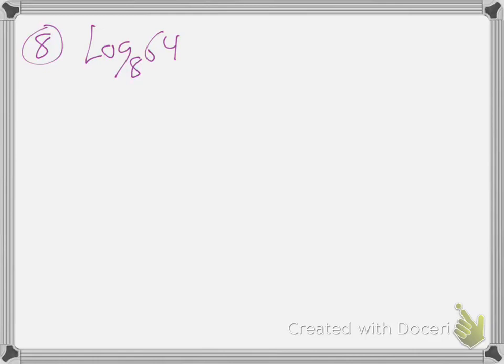Okay, so we're going to do log base 8 of 64. What would be the easiest way here? Yeah, so what we're going to do is put an x on the right side.